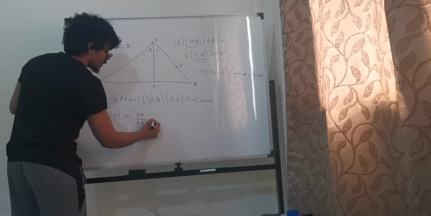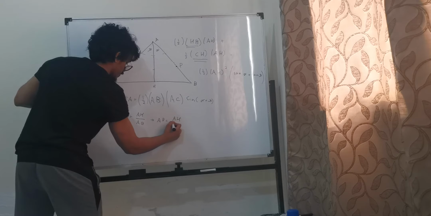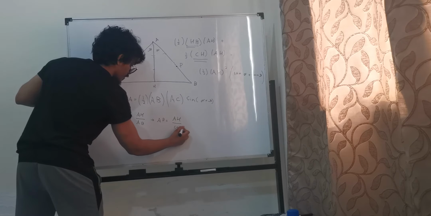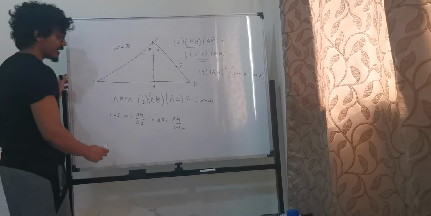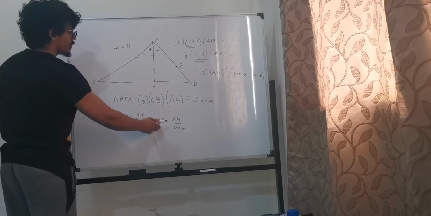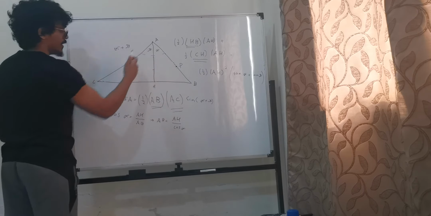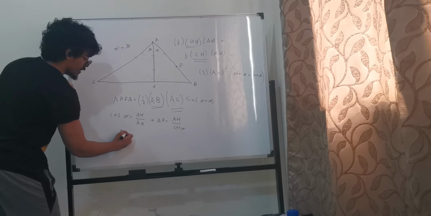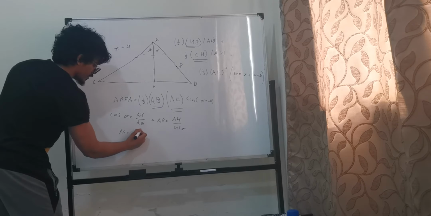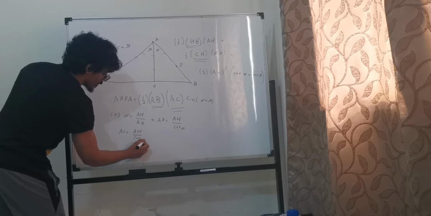This implies that the hypotenuse is equal to AH divided by cosine of alpha. Similarly, AC is the hypotenuse of the second triangle, so AC will be equal to AH divided by cosine of beta.